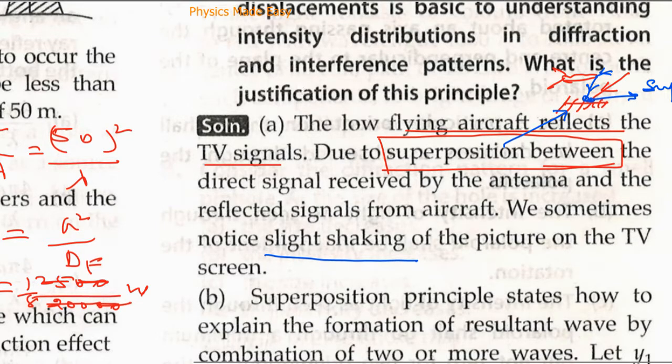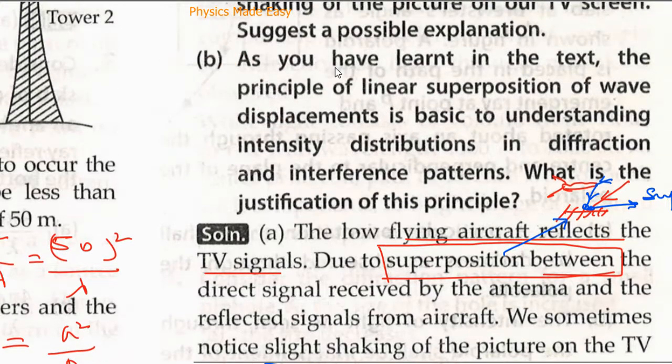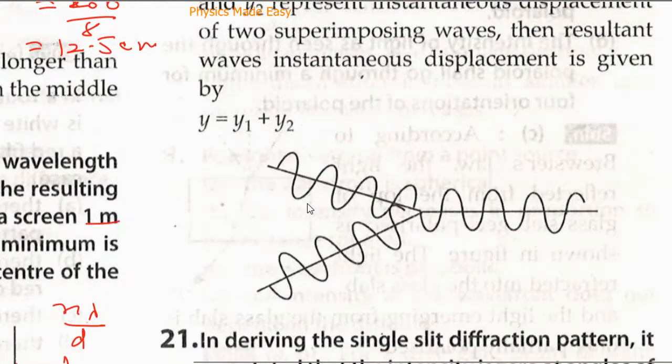Next is, as you have learned in the text, the principle of linear superposition of wave displacement is basic to understanding intensity distribution in the diffraction pattern and interference pattern. What is the justification? A simple justification: suppose these two waves are coming and they are meeting at this point. Their final displacement will be their vector sum.